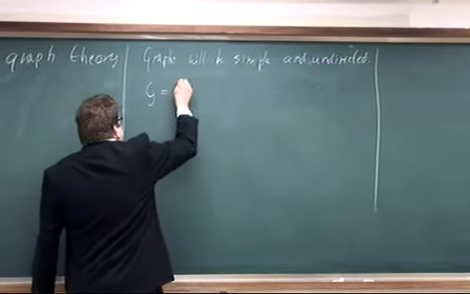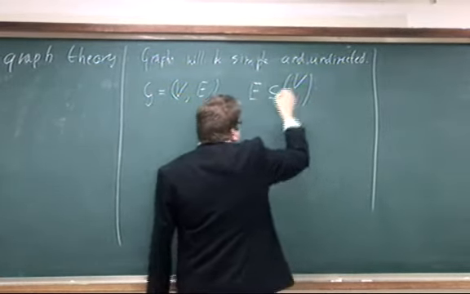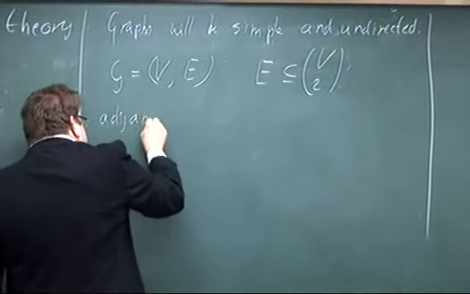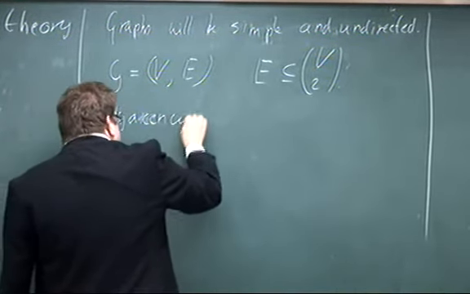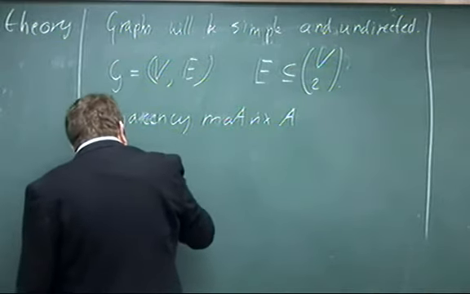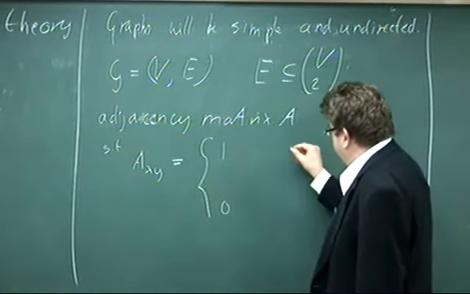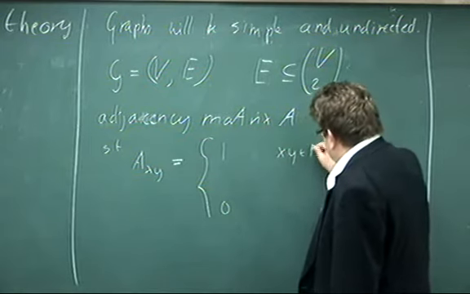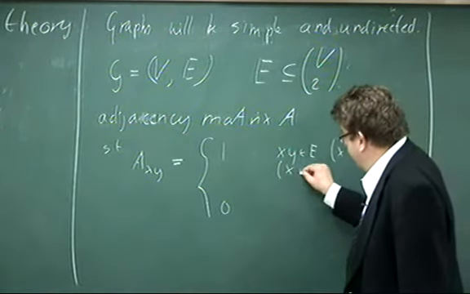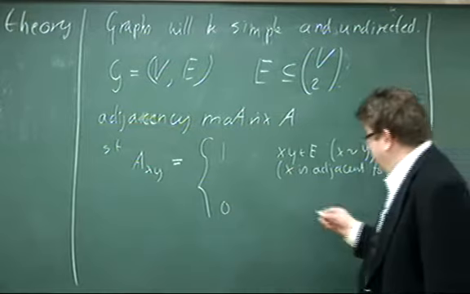So if a graph G is (V, E), and we consider E always as a subset of the two-subsets of V, then we can make the adjacency matrix A, such that A(x,y) is either 1 or 0, and is 1 if {x,y} is in E, or you can say, I will usually write, x is adjacent to y, and 0 otherwise.